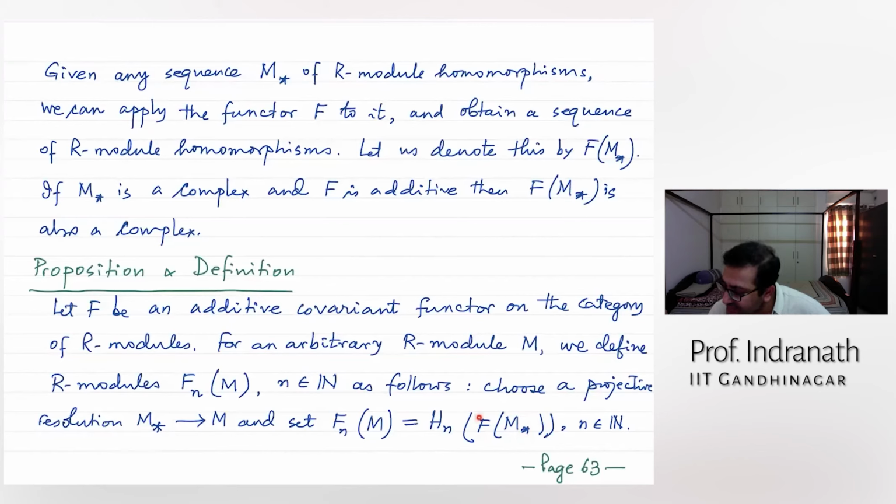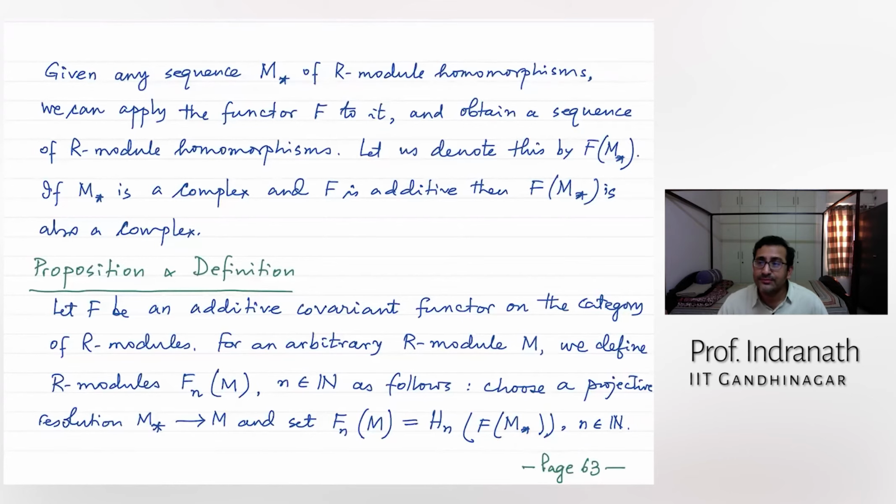Then you take the nth homology, which is what you denote by F_n M. So you choose the projective resolution and define F_n M to be the nth homology.